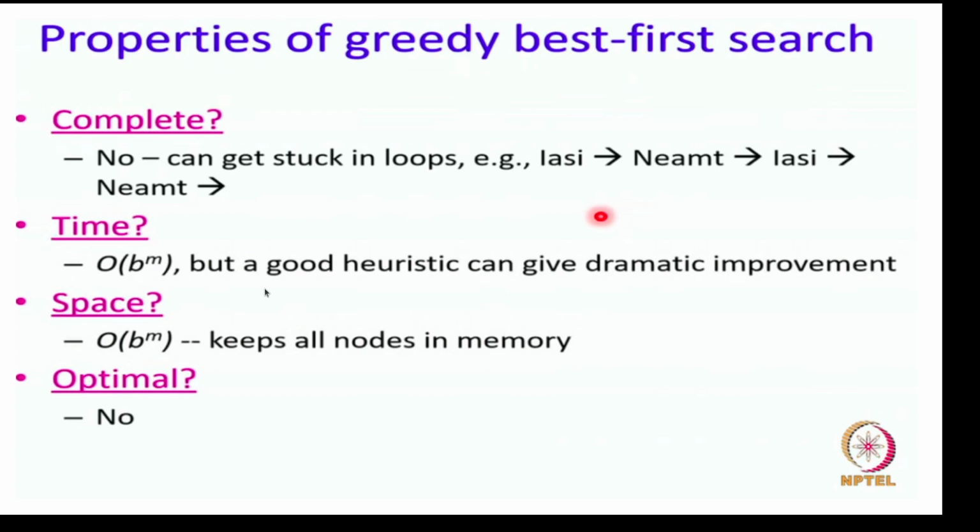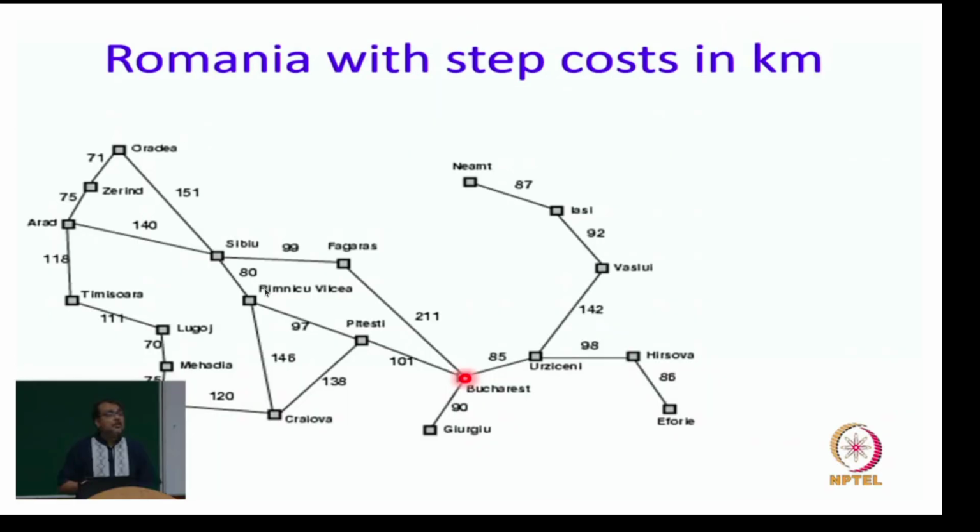No, greedy best first search may not always reach a solution. Why so? Because it falls into loops many times. What does it mean? Why is it falling into a loop? Let's go to our previous example. We are at this position, let's say, Lassi.